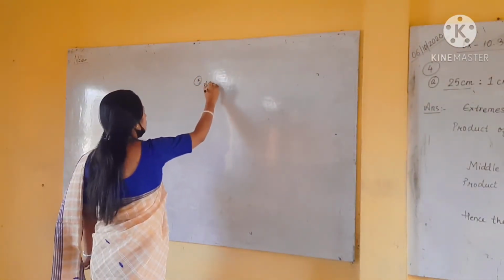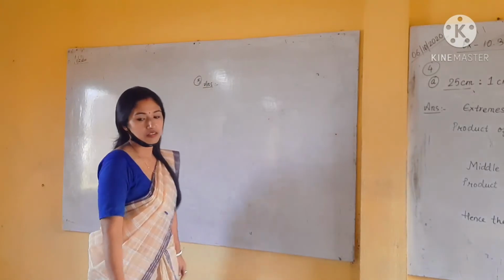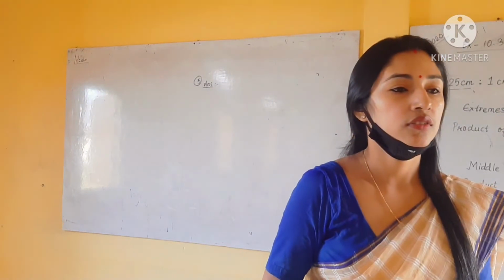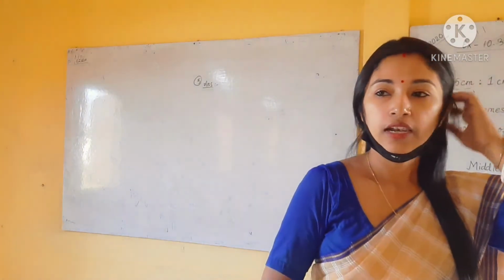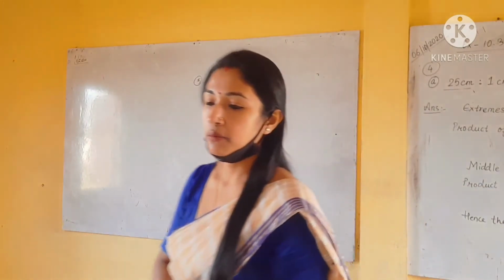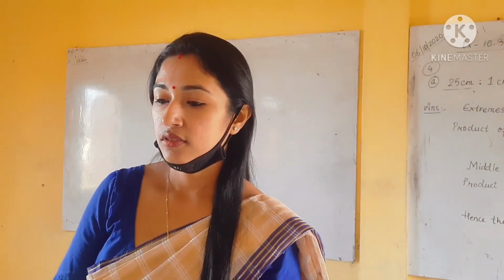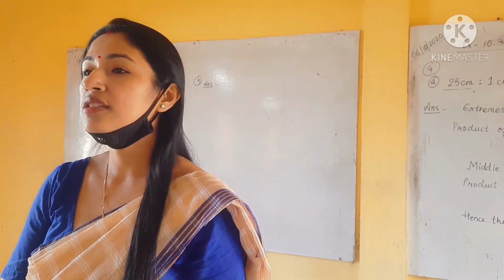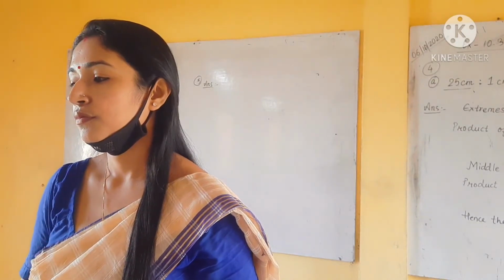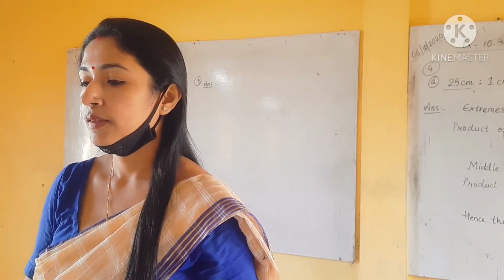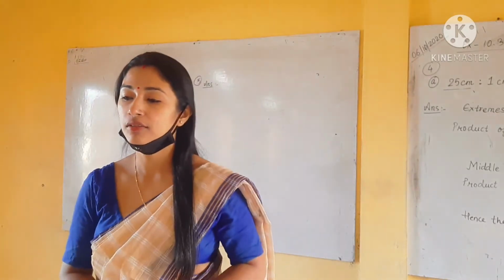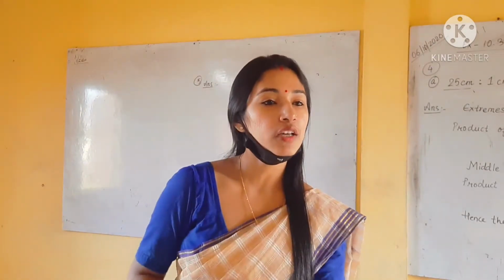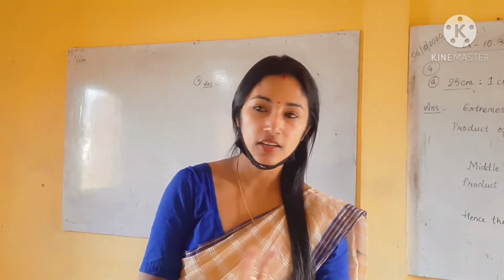Answer: let the number of crayons which can be purchased with rupees 72 be X. So X is the quantity of packets of crayons.